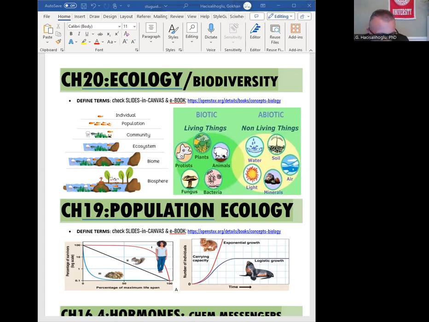Remember, an ecosystem is our living and non-living things all together, so biotic and abiotic, and definitely climate change has an impact on ecosystems, like devastating wildfires. For example, they have a major effect in certain ecosystems. Also, they shift the biome boundaries.